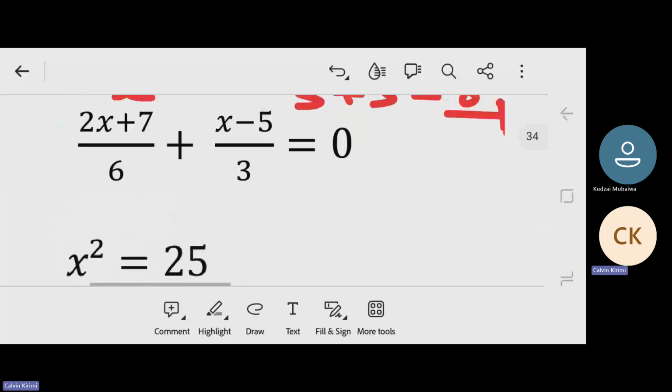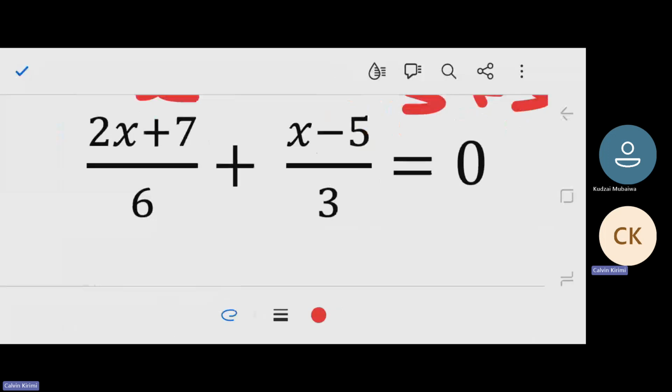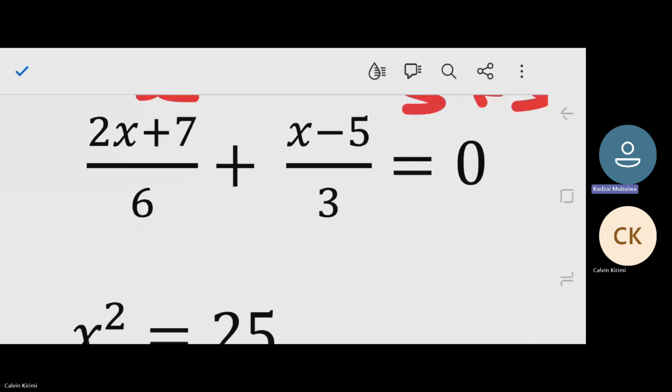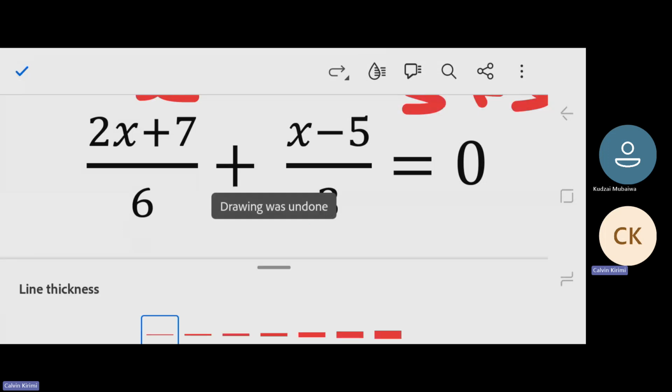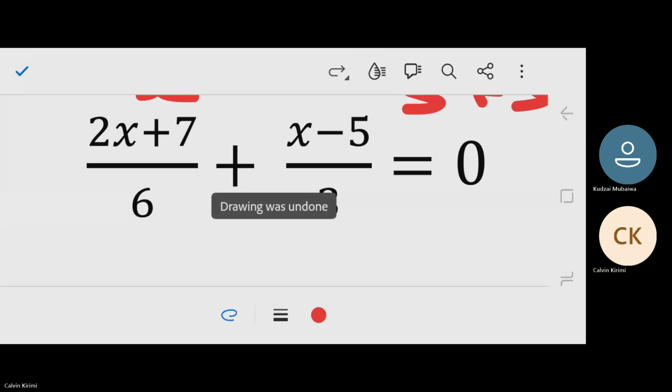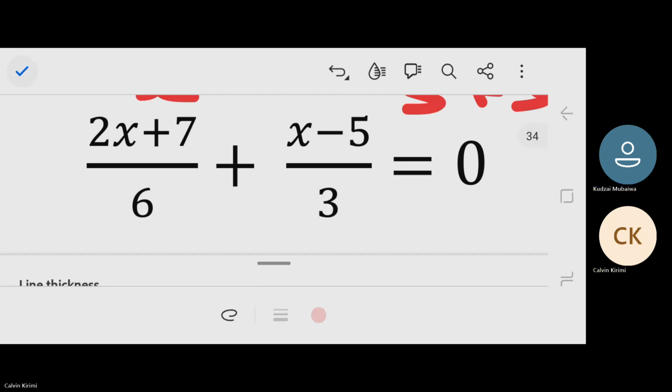We are given this situation here. So we want to solve for x, isn't it? Yes, sir. So we said you multiply by the LCM of the denominators. These are the denominators. The LCM there is 6.